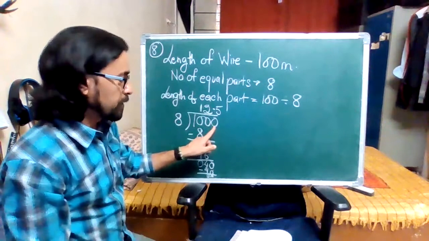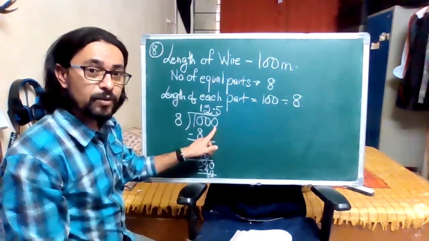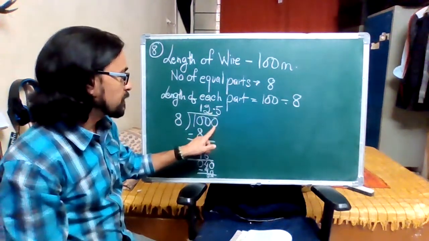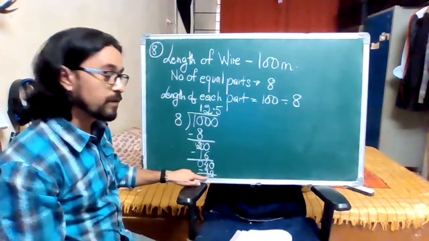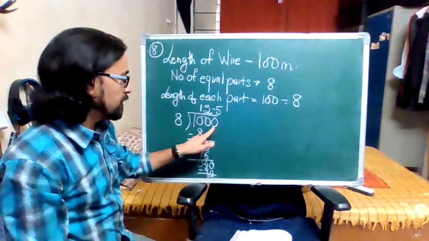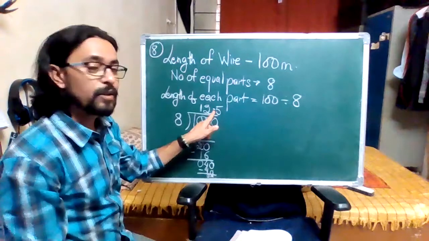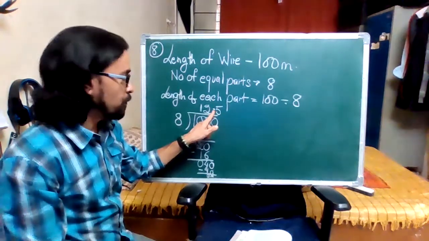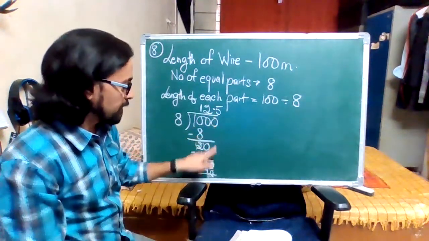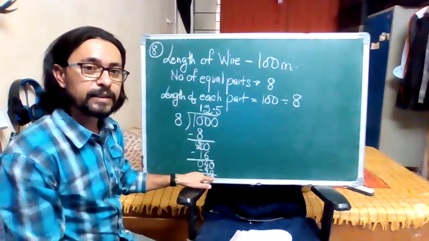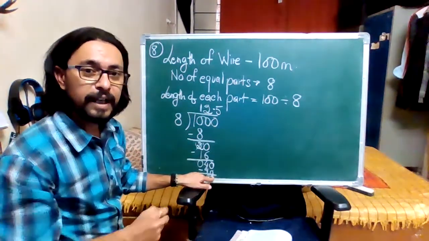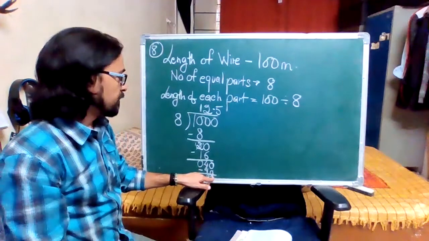In the actual number, which is called the dividend, this is the quotient, this is the dividend, this is the divisor, and this is the remainder. So in the dividend, I can increase a 0 only after putting a point. I put a point, I add a 0, and that 0 can be taken down. And I can continue with my division.